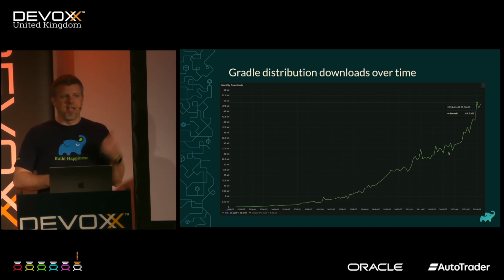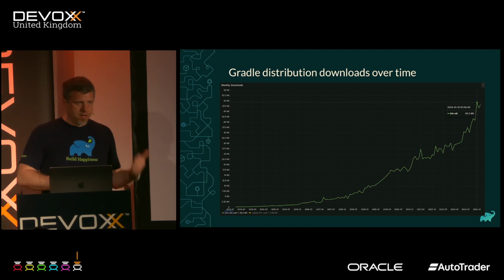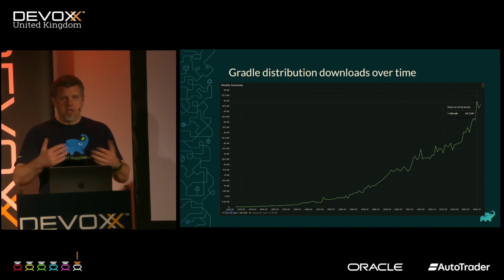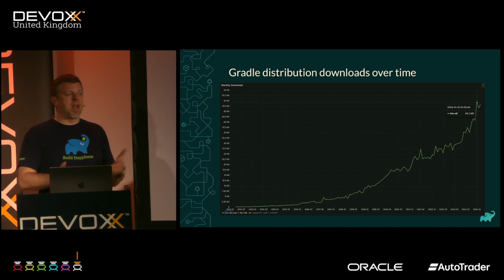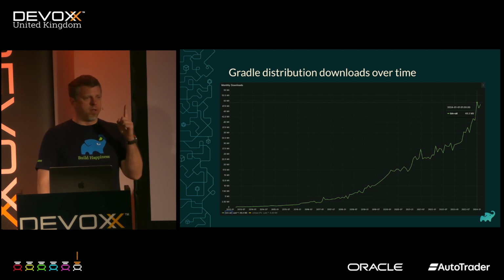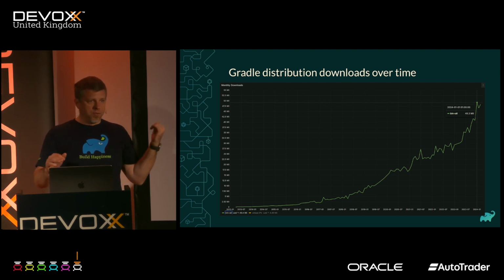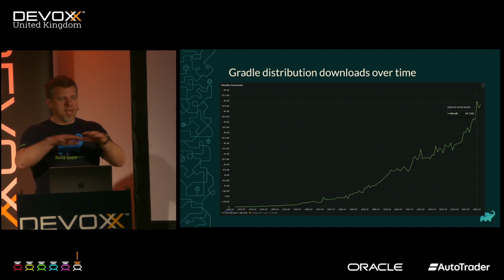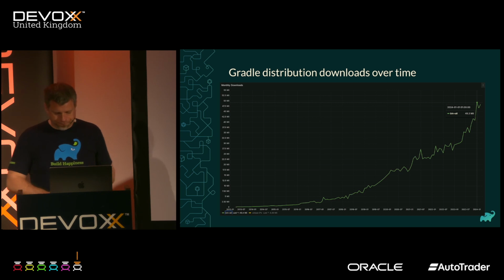These are effectively GitHub actions, GitLab actions, and other kinds of ephemeral environments just downloading tons and tons. We have large-scale users that do 100,000 builds a week, and they count for one download. Because they'll download it once, have it locally in one of their servers, and we will never hear about them anymore. So these 50 millions are not even representative of the exact population of Gradle users.